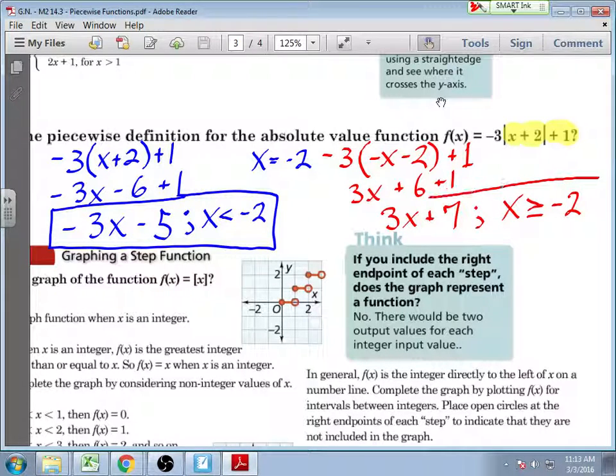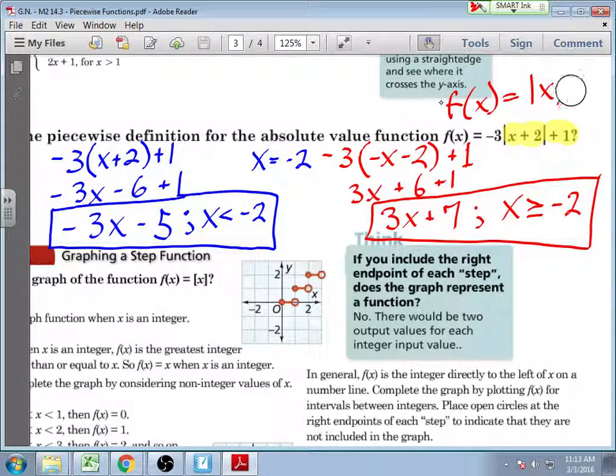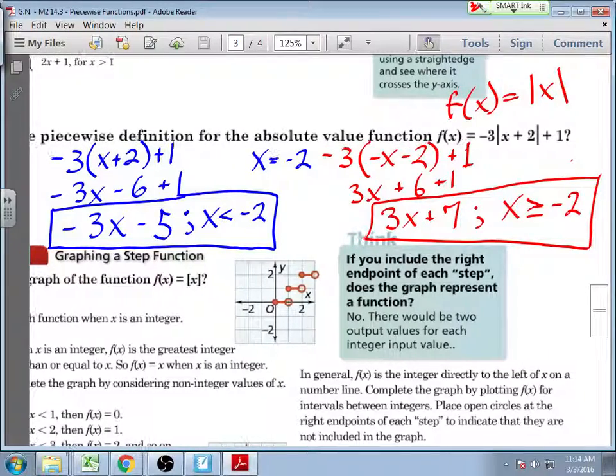So what we did was we compared the parent function, f of x equals absolute value of x, and we said, what has happened? Compression factor, horizontal shift, vertical shift. So when I look at where the vertex of my graph is now, the horizontal shift and the vertical shift tell me that.